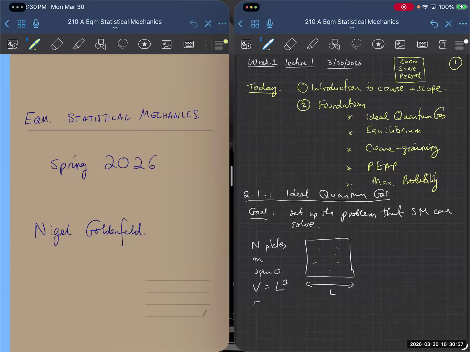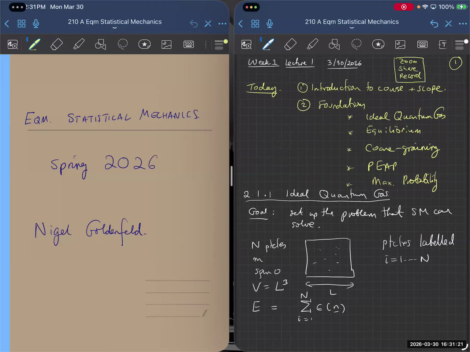It's an isolated box, so we know what the energy is. The energy is, first of all, I sum over all the particles, and then each particle has its own energy, which I'll call epsilon of n.